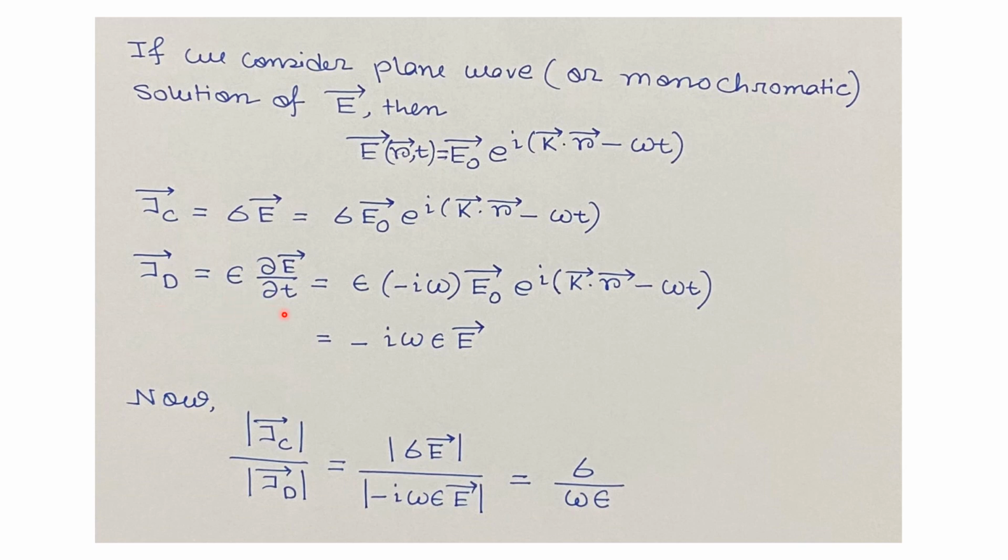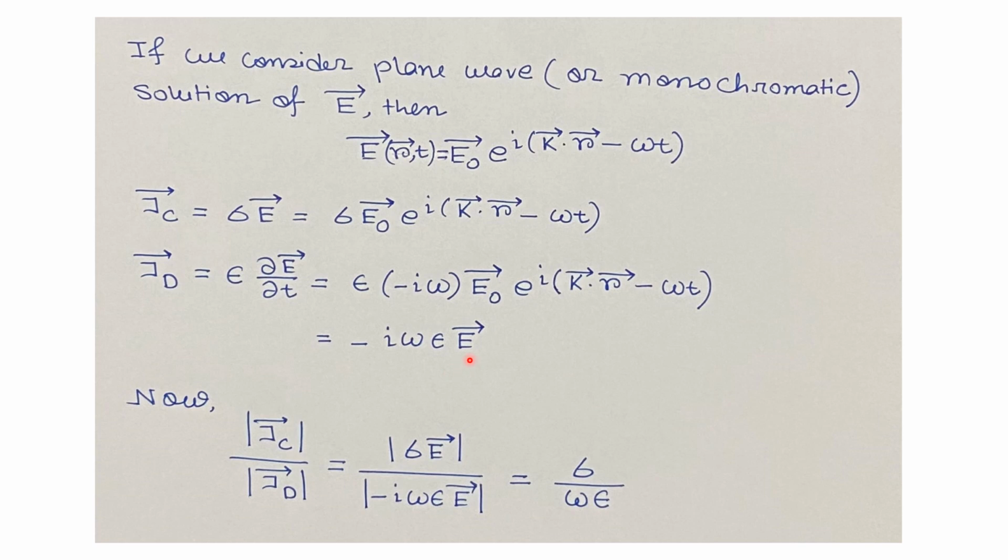So we'll put the expression for E vector in this partial derivative and we'll get epsilon times minus i omega times E naught vector times exponential of i k dot r minus omega t. Now E naught vector times exponential of i k dot r minus omega t is our actual electric field vector. So we can write it as JD vector equals minus i omega times epsilon E vector.